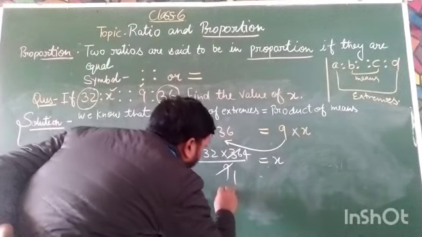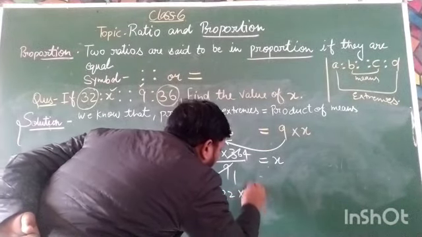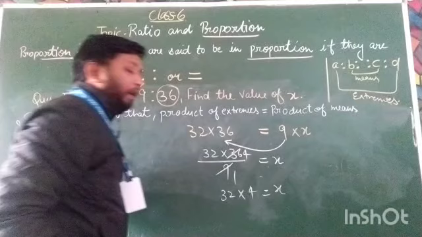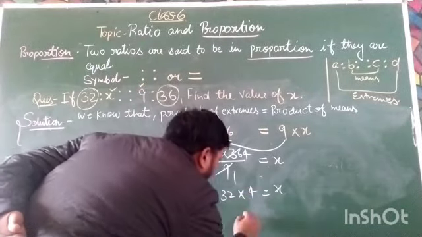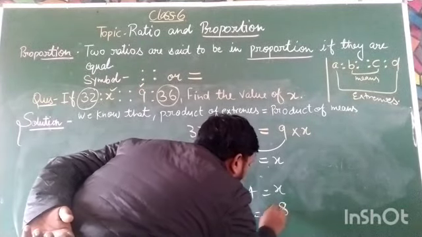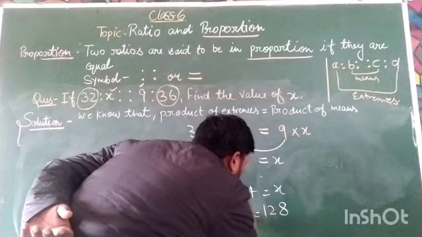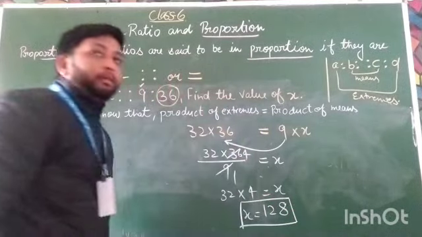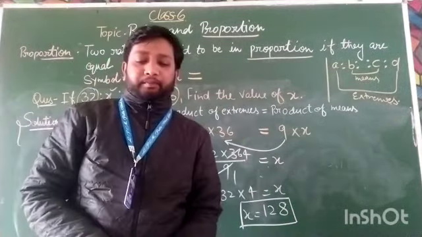So here we get 32 into 4 as the value of x, and if we multiply, 4 twos are 8, 4 threes are 12, so the value of x will be 128.